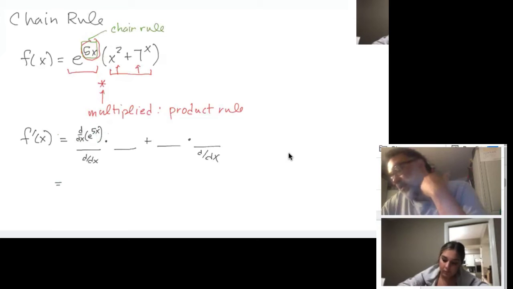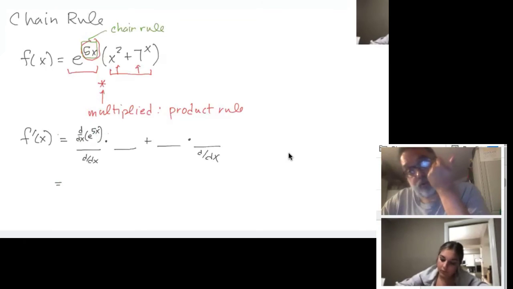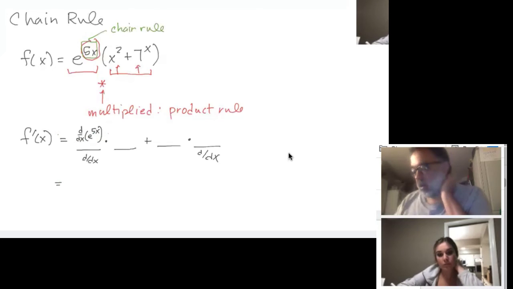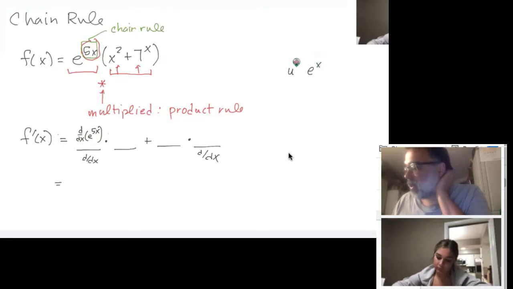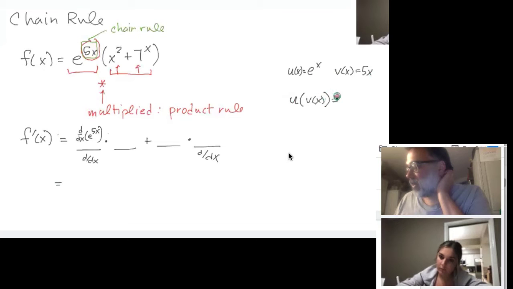To take the derivative of that is when we need the chain rule. So if we put that 5x into the e to the x function, that's how we get stuff like this.